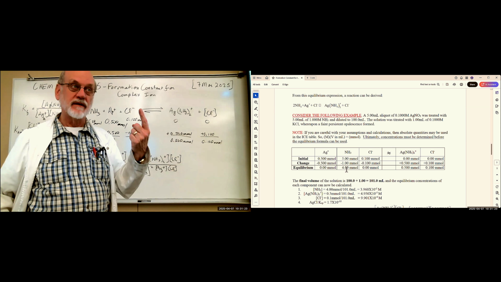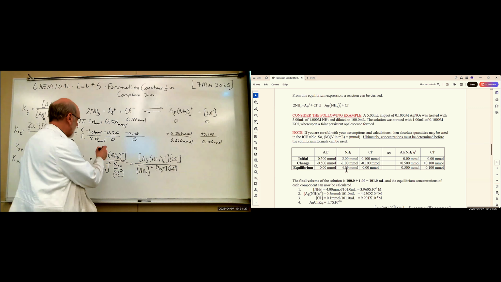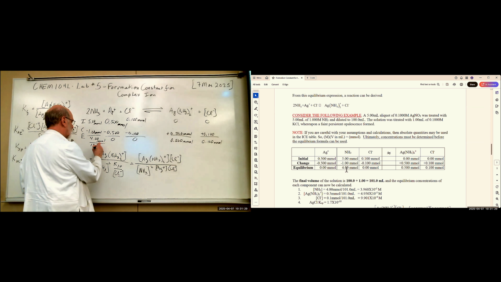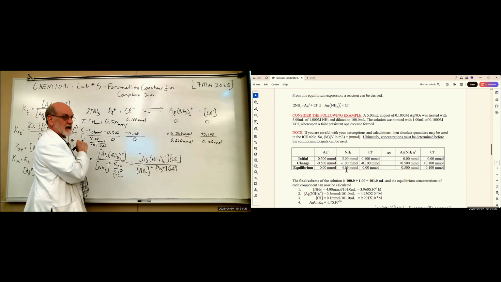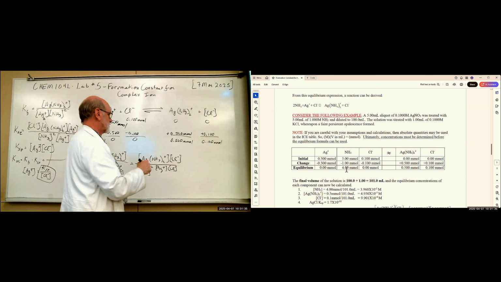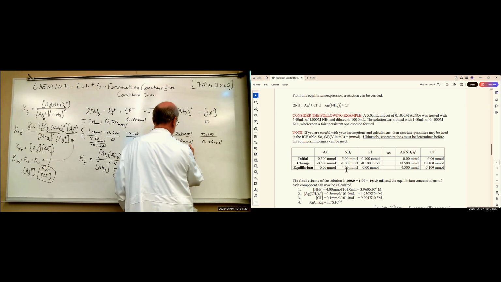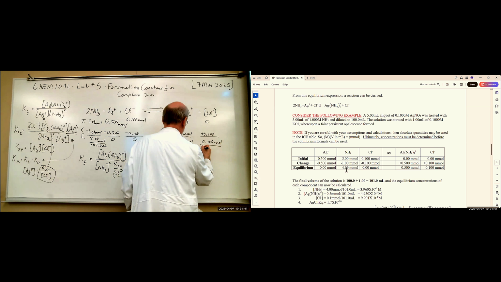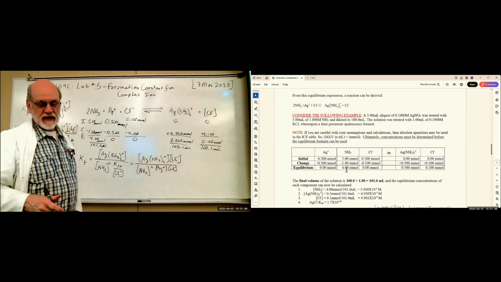We added 1 mil. So the final volume is 101 mils. So we divide each one of these by 101 milliliters. Millimoles divided by milliliters is molarity. Okay. And the values are given there.